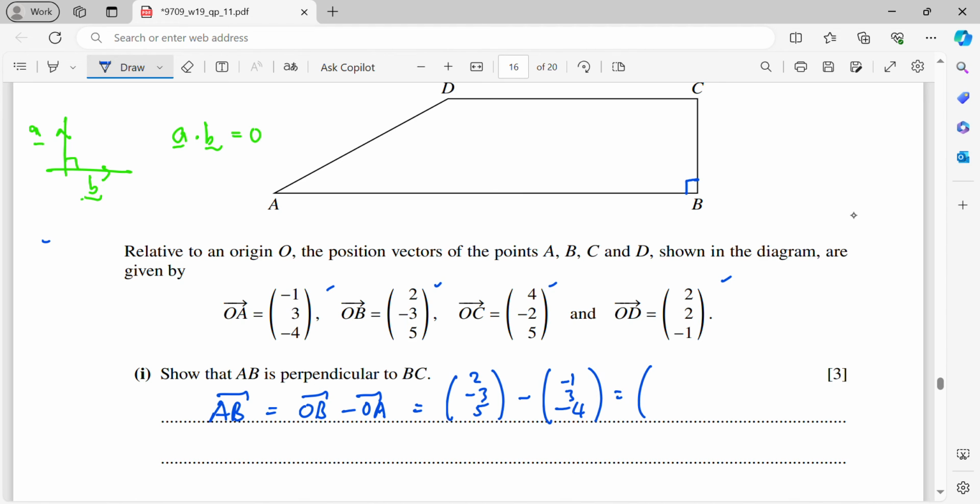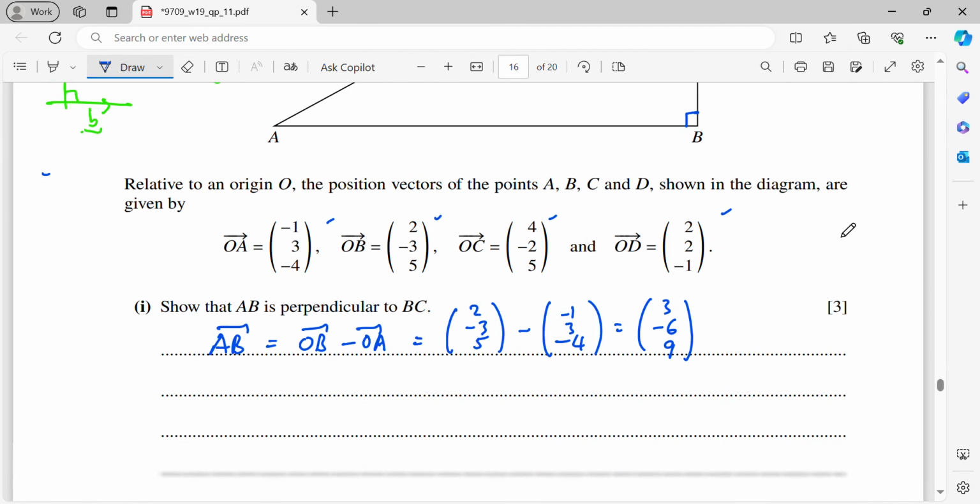Then when you open the bracket, 2 minus minus 1 is 3, 3 minus 3... minus 6, 5 minus minus 4 is 9. Found the AB. And then now I need to find BC. My vector BC is OC minus OB.